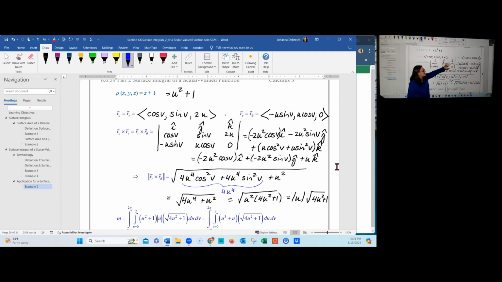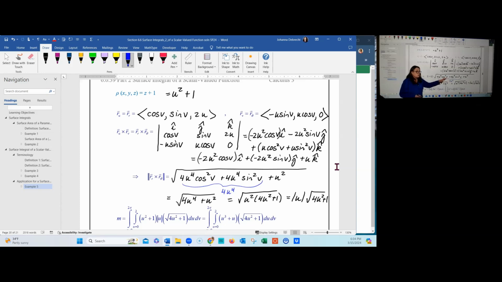Remember that when you're finding each one in turn, you can either repeat columns 1 and 2 and use major diagonals minus minor diagonals, or you can mark out each column in turn and row 1 and expand by row 1. To find the magnitude of this normal vector, we square each component, add them together, then take the square root of the result.